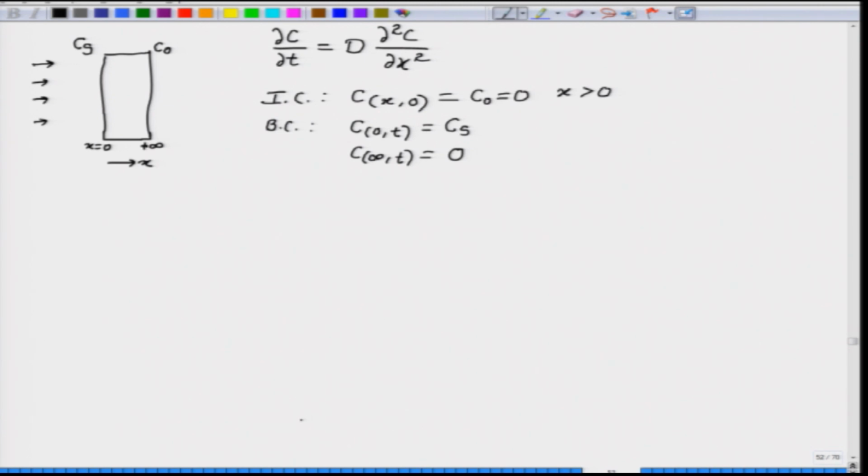We have to solve this diffusion equation with respect to this initial and boundary conditions. So, let us use the Laplace transform just like we used it last time.